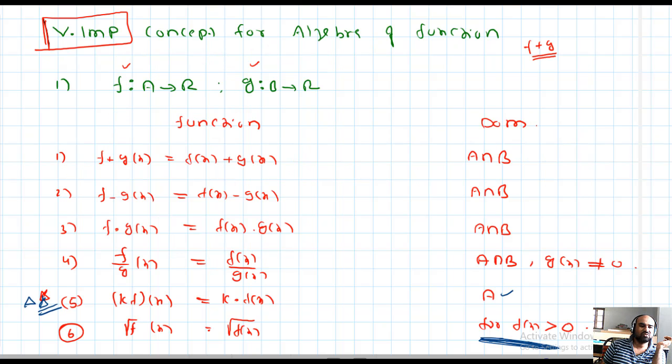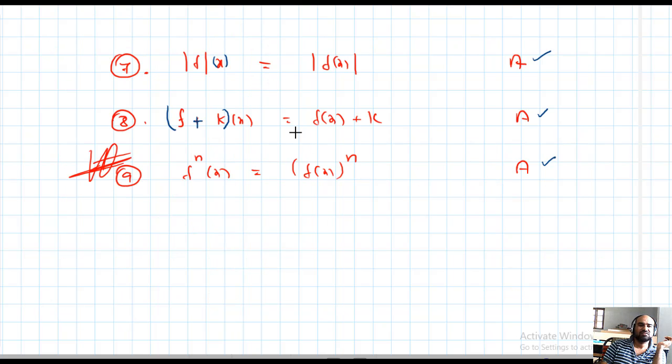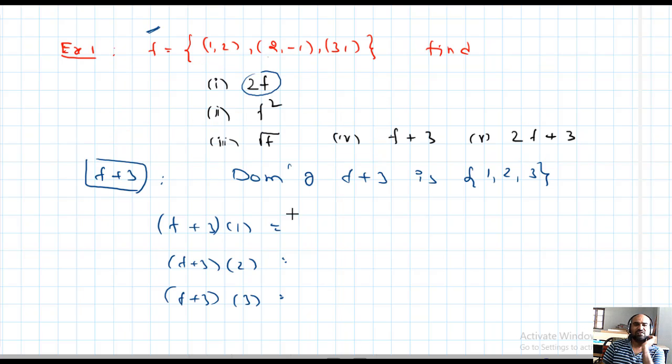Again I will explain the rule. Where is that? Here the rule, see. F of x plus k separately, that is a real number, no? That's why I can write f of 1 plus 3, f of 2 plus 3, f of 3 plus 3.